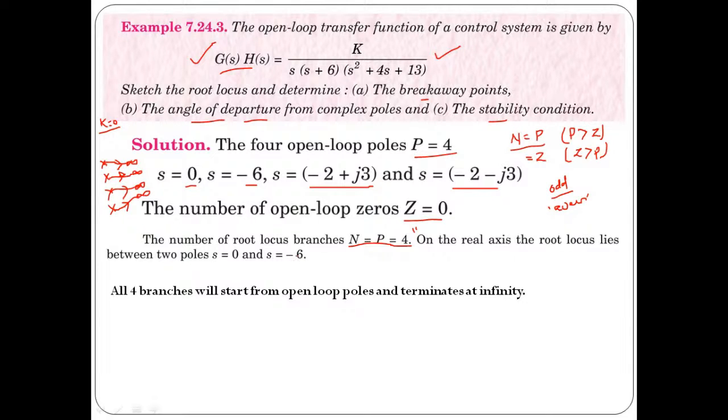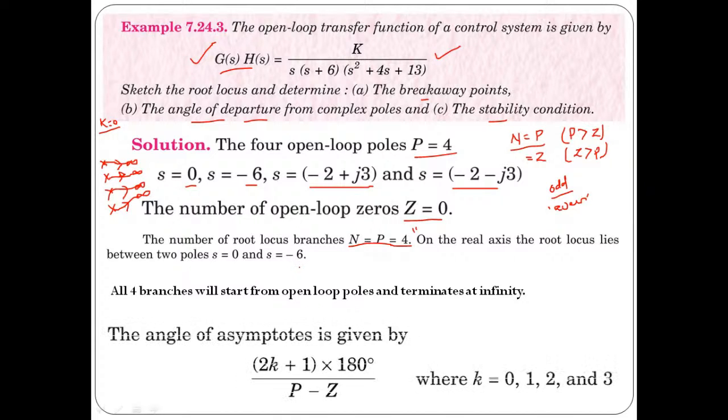Hence, the number of angles of asymptote and asymptotic lines that we need to draw is 4, because p minus z is 4 minus 0, which is 4.